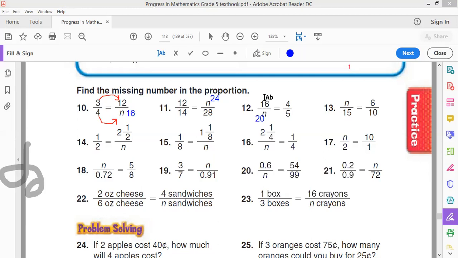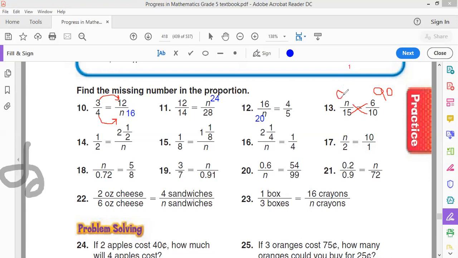How is it 630? Listen. 15 times 6 is what? 90. And 10 times what makes 90? 9.